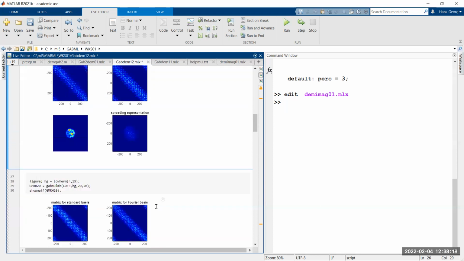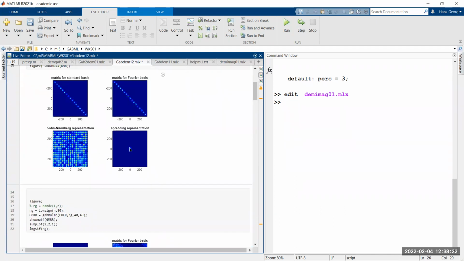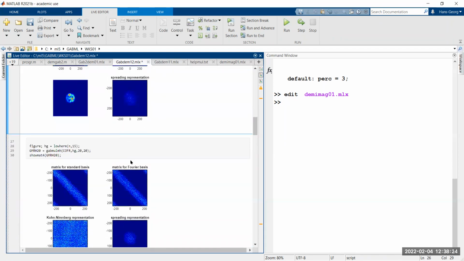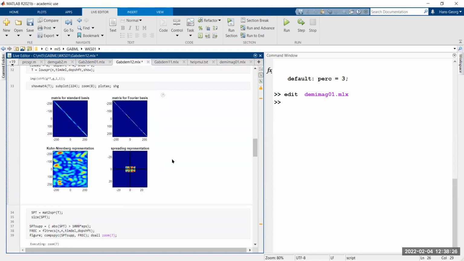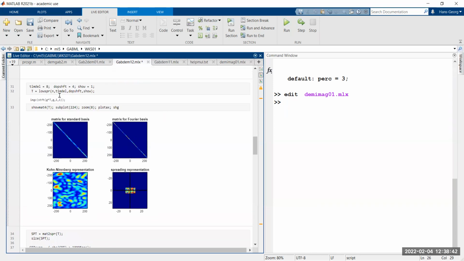So since we expect that only something which has a concentration of this form can be represented, we are trying to create a random vector. And observe, I'm doing a very strong zoom by a factor of 8 here in order to make this random thing visible. So what I'm really doing here is I design a rectangular filter with a maximal delay in the time and in the frequency direction.